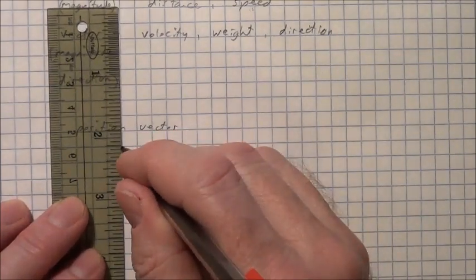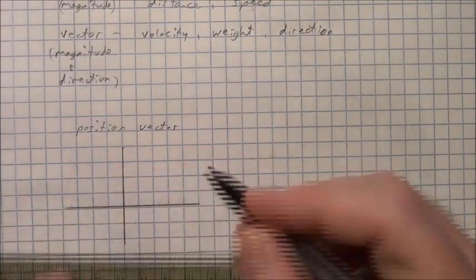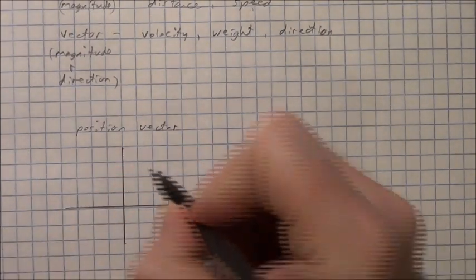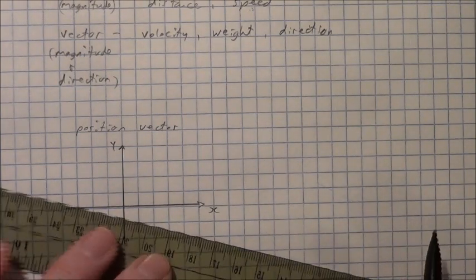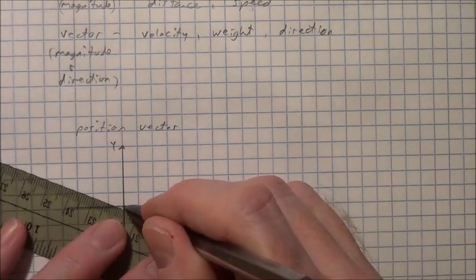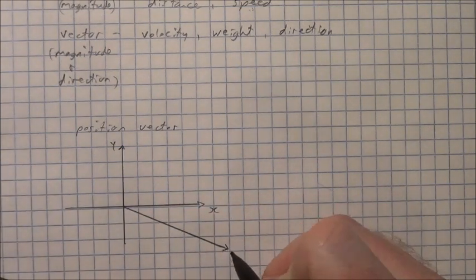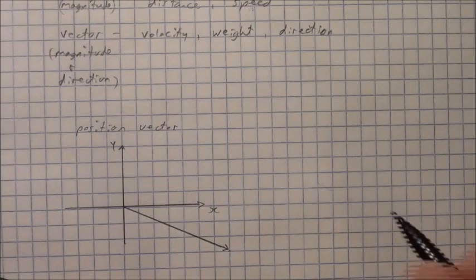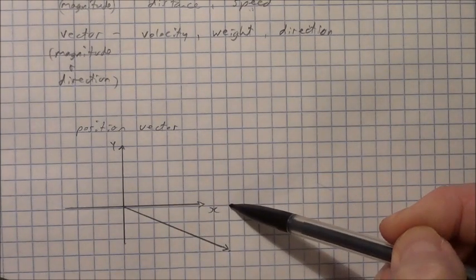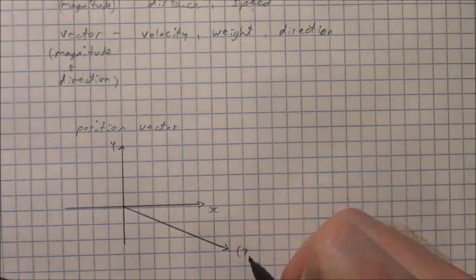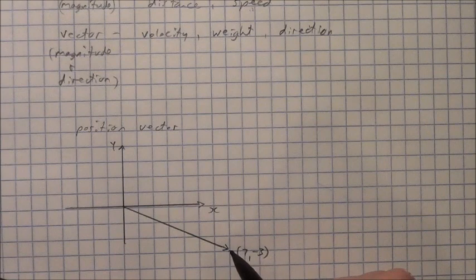So suppose we have a small Cartesian plane here, and we have the x and the y, and a position vector will originate at the origin and point to a specific point. So if we're talking about this point right here, that would be 1, 2, 3, 4, 5, 6, 7, and 1, 2, 3, so -3. So (7, -3) is this point.